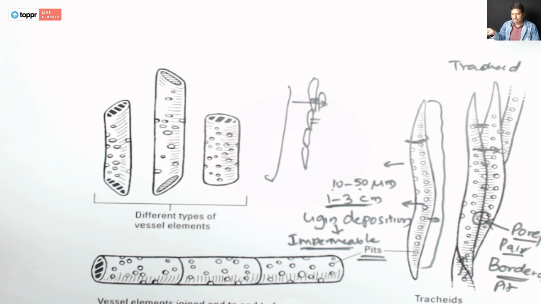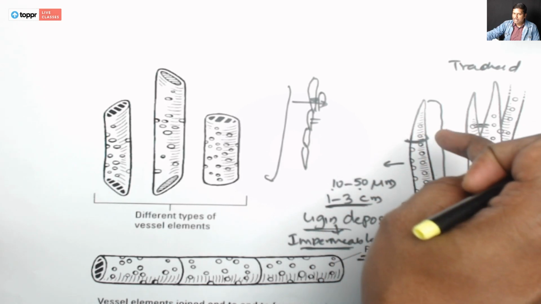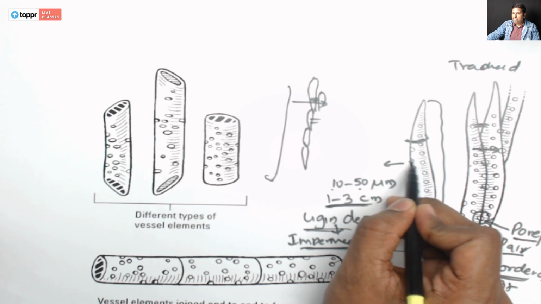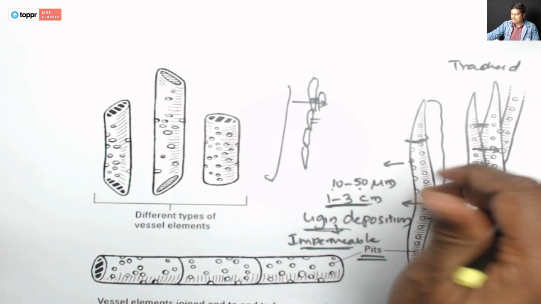But in these cells you won't see that because they are deposited with lignin, and these are dead, hollow cells. If the water has to pass, it has to pass through the pits on these tracheary elements.